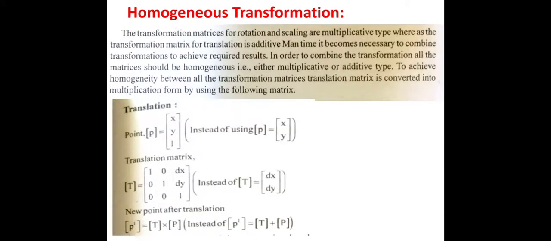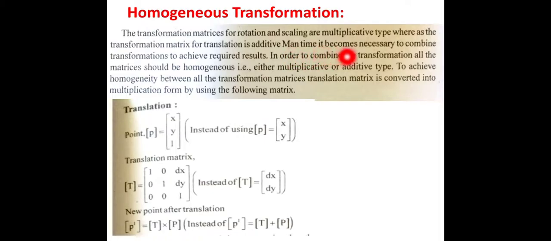Now let us see what is homogeneous transformation. The transformation matrices for rotation and scaling are multiplicative type, whereas the transformation matrix for translation is additive. Okay, now we have seen while solving the translation problem, we have added the original matrix with the translation matrix, but for scaling and rotation we have multiplied it.